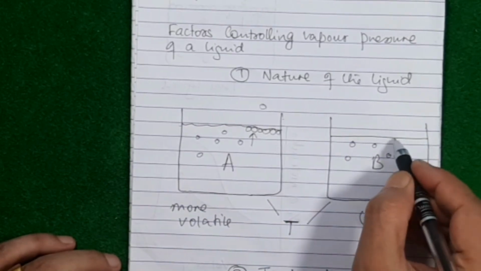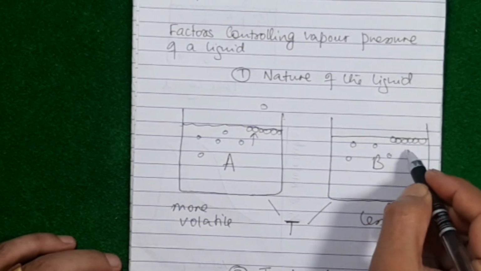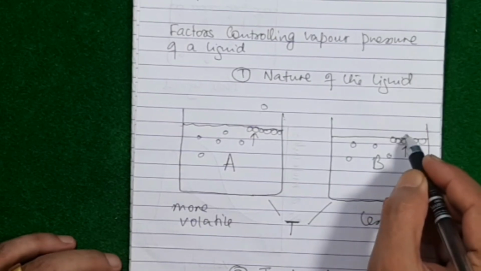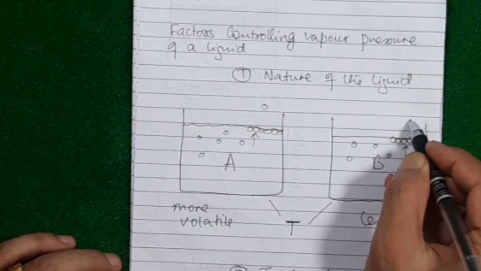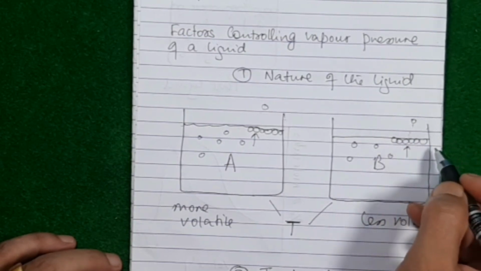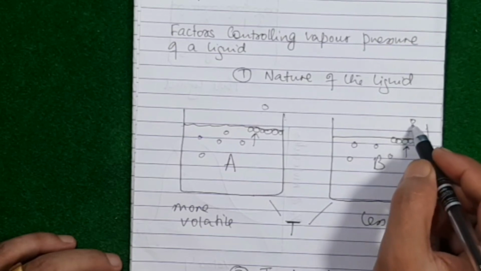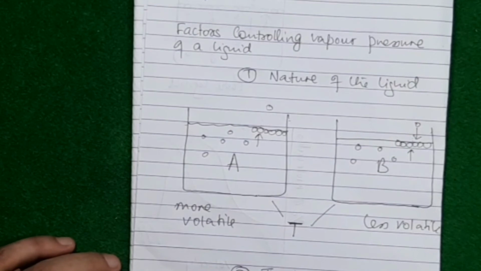Whereas in case of a liquid which attracts its molecules very hard, it's very difficult for a molecule to evaporate, because even if it's struck by a fast moving molecule and pushed quite a lot of distance above the surface, still the intermolecular force of attraction brings it back, and because of that it finds it very difficult to evaporate.